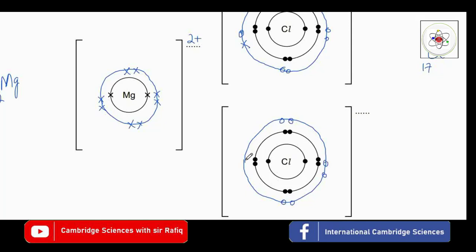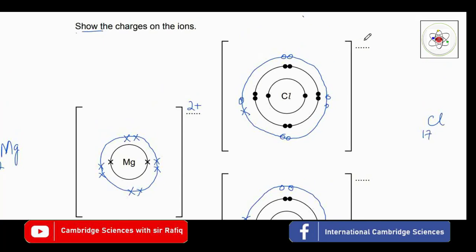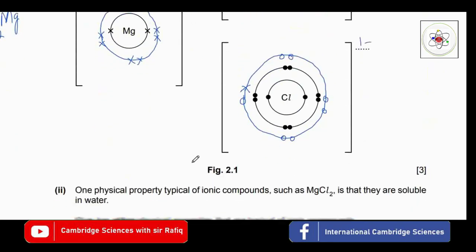All right, so this is the electron which is transferred from the magnesium atom. So magnesium lost 2 electrons, which were gained 1 by each chlorine atom. This is how 1 magnesium combined with 2 chlorine atoms, and obviously these chlorine atoms will get 1 negative charge as they gained 1 electron.